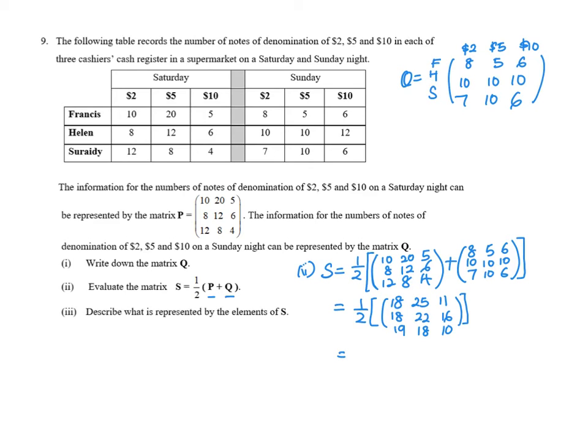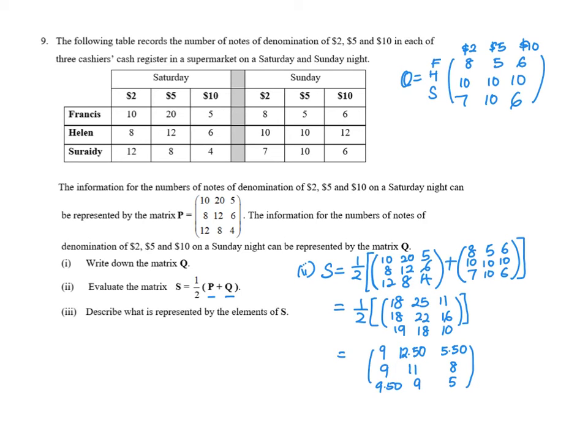For half of this, we will get 9, 12.5, 5.5, 9, 11, 8, 19 divided by 2, $9.50, 18, and half. Okay, this should be matrix S.